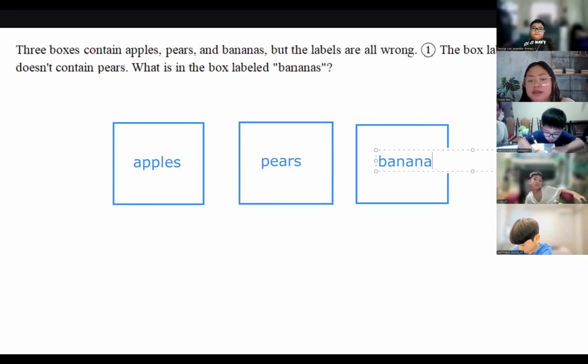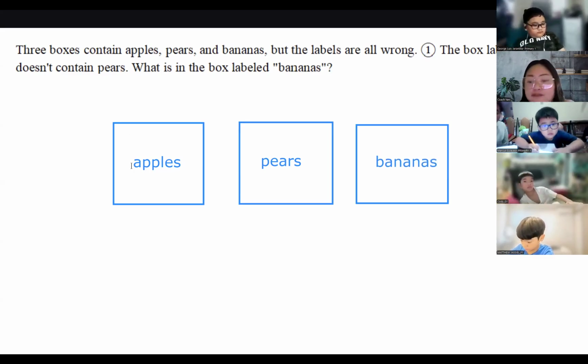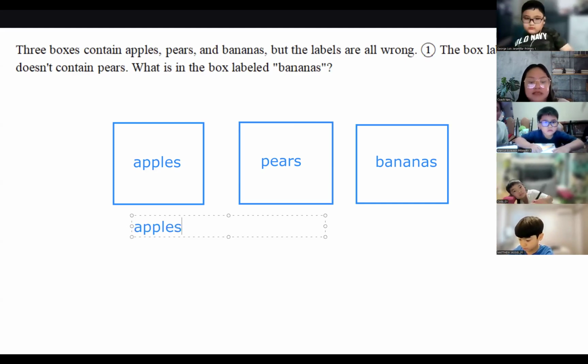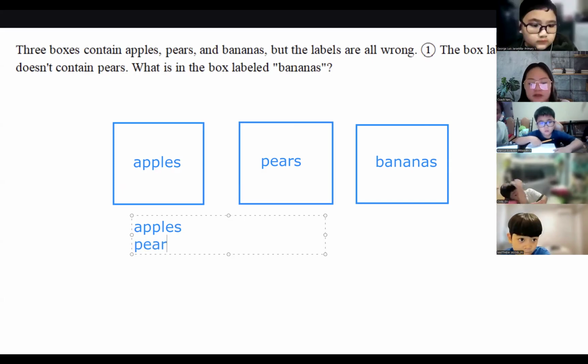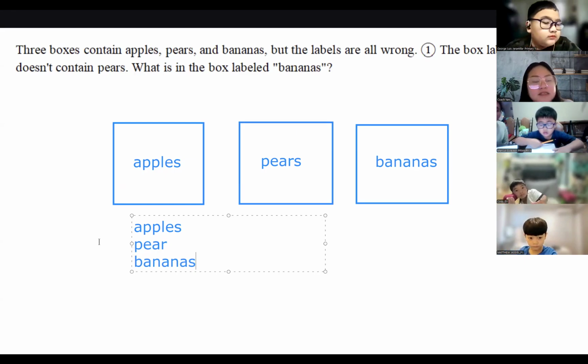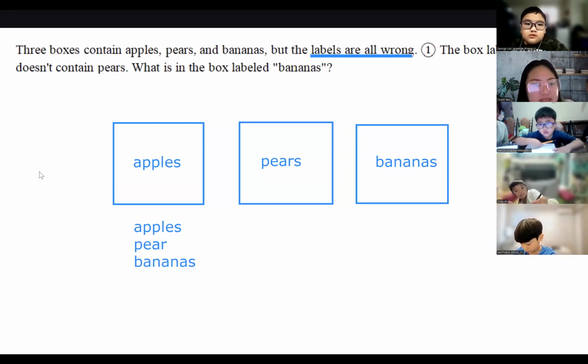Now, they say that the labels are all wrong. That means if you have a box labeled apples, it's not going to contain any apples. Correct? So, on this first box, you list the possible fruits here. Since the boxes are all labeled wrong, you know that since it is named apples, this doesn't contain apples.